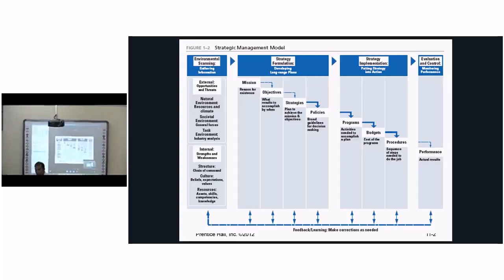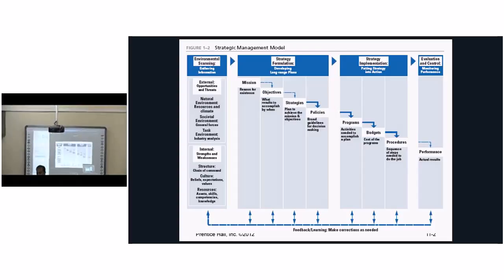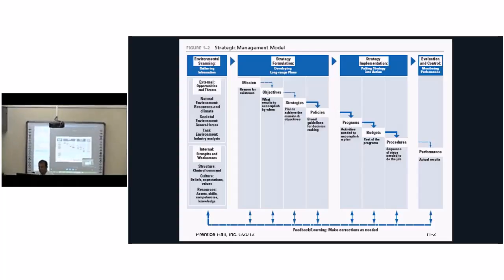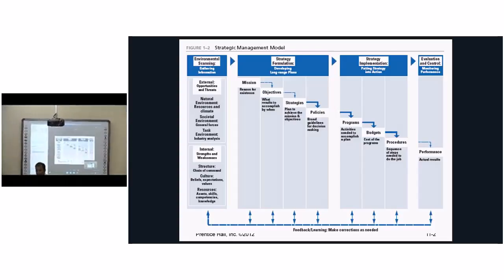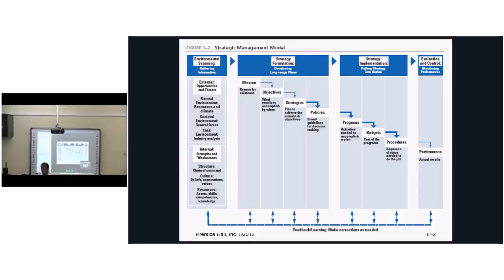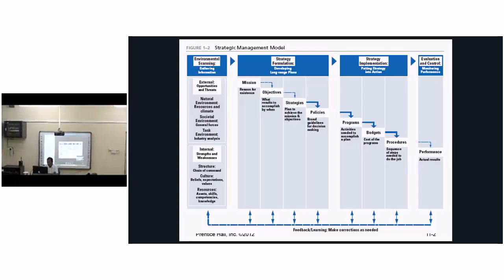So using these inputs, we subsequently get into the strategy formulation stage, where we define our mission, the objectives, and what strategies we are pursuing. Then we have the policies, which are broader guidelines for decision making, and subsequently we get into the implementation stage.